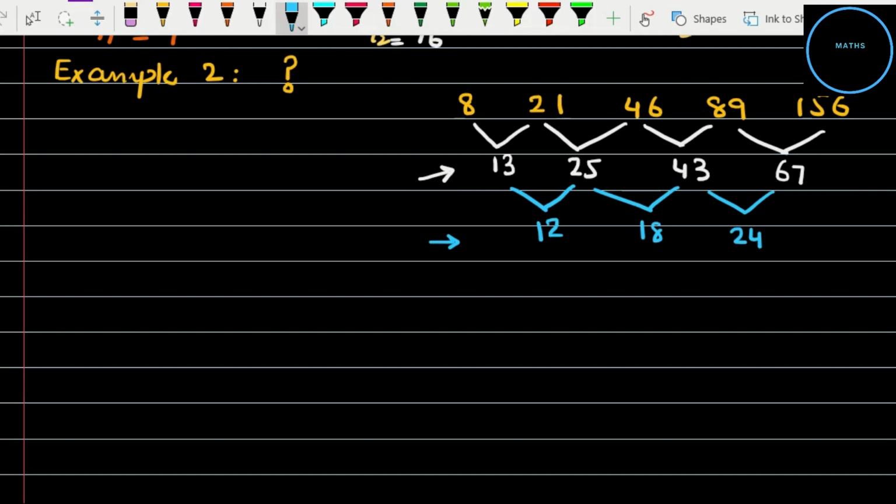So means you need to find the difference again, because you have to keep finding the difference until you get the same difference, right? So 18 minus 12 is giving you what? 6. And 24 minus 18 is giving you what? 6.